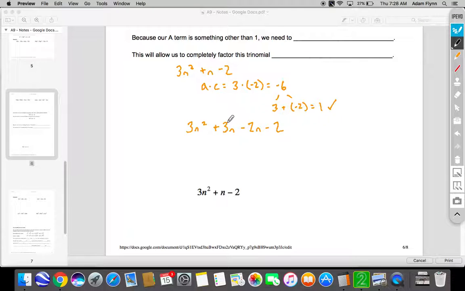All right, so again, if we dissect this a little bit, in the middle here, instead of positive n, we have plus 3n minus 2n. Well, 3n minus 2n is n. We're just rewriting this equation so we can factor it by grouping. So at this point, I'll group.